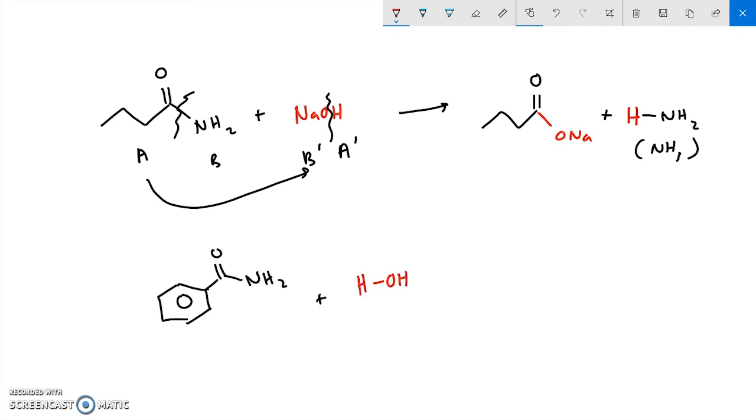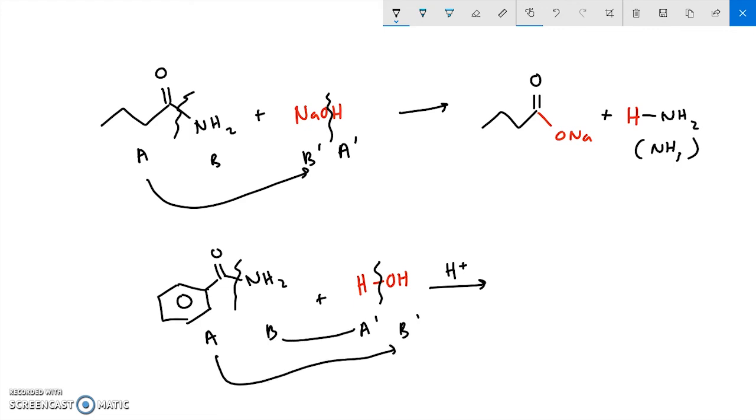And remember guys, any reaction involving water should be conducted in an acidified medium. We're going to use the same approach. Okay, we identify the A part of the structure together with the B part from the structure, and for the other one, we're going to identify the H as the A prime while the OH as the B prime. Then we're going to do the switch where the A will combine with the B prime while the A prime will combine with B. So we can get our product.